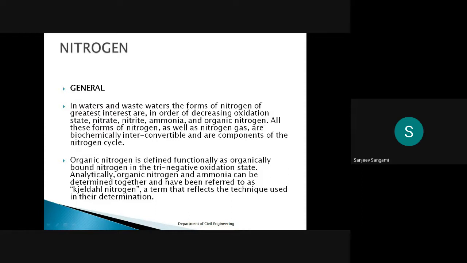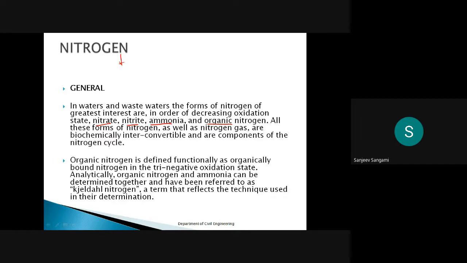Before that, the forms of nitrogen. The forms of nitrogen are nitrite, nitrate, then ammonia and organic nitrogen. In waters as well as in wastewaters, you can expect these four forms.